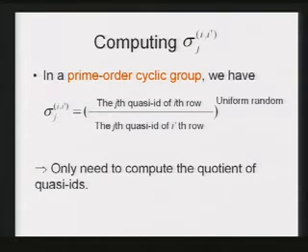So this exponent is picked uniformly at random from the set 1 through Q, where Q is the cardinality of the group.